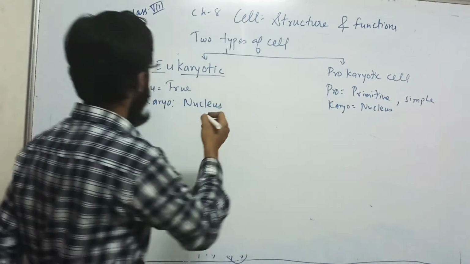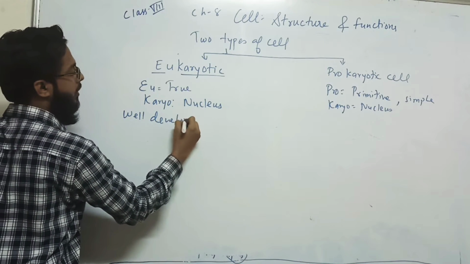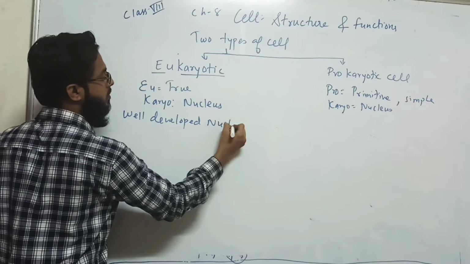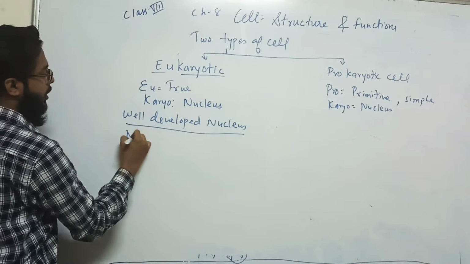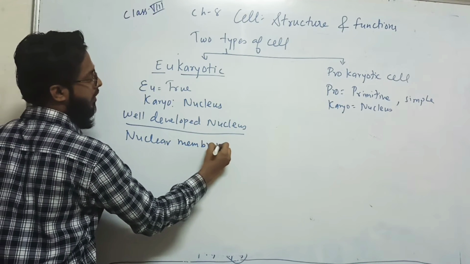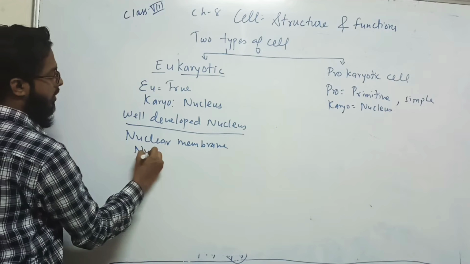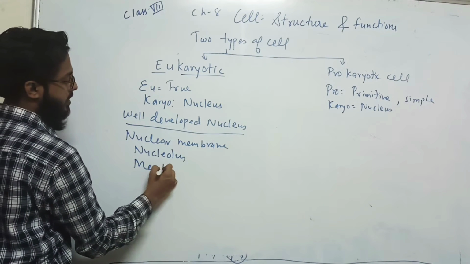So such cells in which there is a well developed nucleus, then there is a nuclear membrane, nucleolus, then membranous organelles.